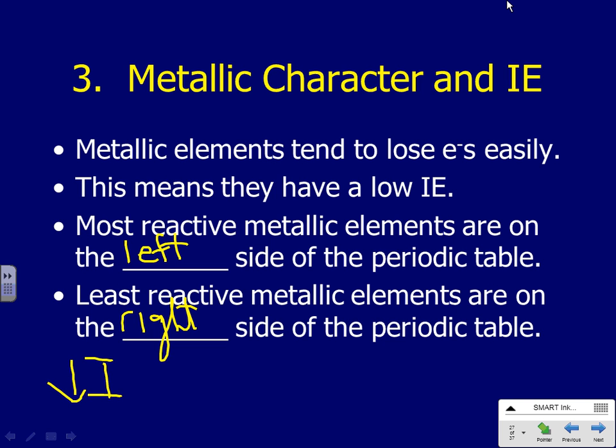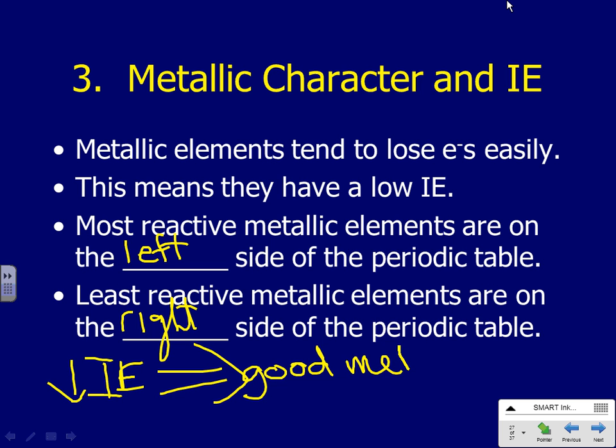Low IE, good metal, or most metallic. All right? So when your question asks, which is the most metallic, you're thinking, which one has the lowest ionization energy? You go through the exact same argument, except at the end, you tack on, therefore has the lowest ionization energy, therefore is the most metallic. And you've got it. Okay.